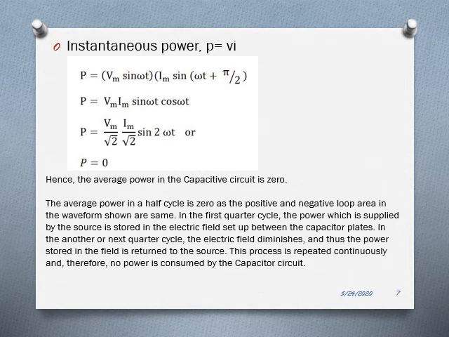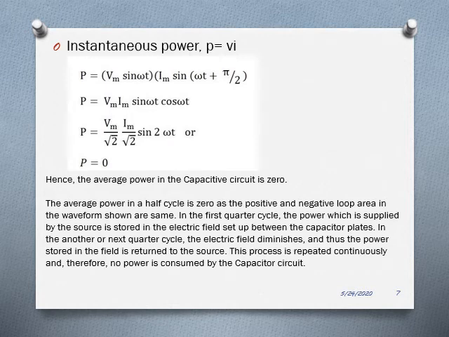Therefore, if you calculate the average power or the power consumed for that full cycle, it will obviously be 0. So, you may say that the average power in a capacitive circuit is also 0, just like the pure inductive circuit.